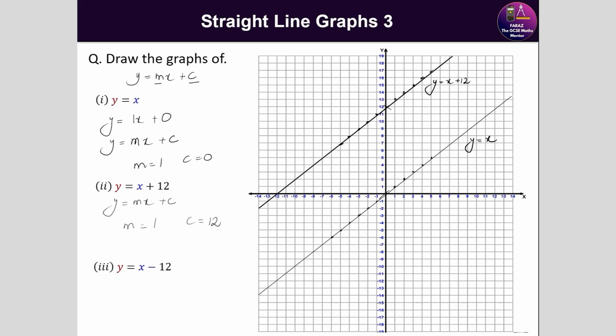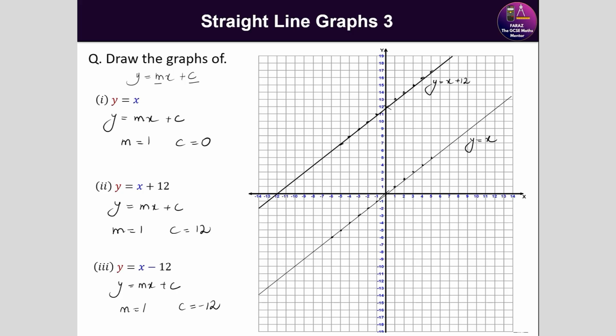Now the third one, y equals x minus 12. This one has gradient 1 again, but now it crosses the y-axis at negative 12. y equals mx plus c, m is 1 there and c is minus 12. So it starts at (0, negative 12), as the y-intercept is negative 12 there.